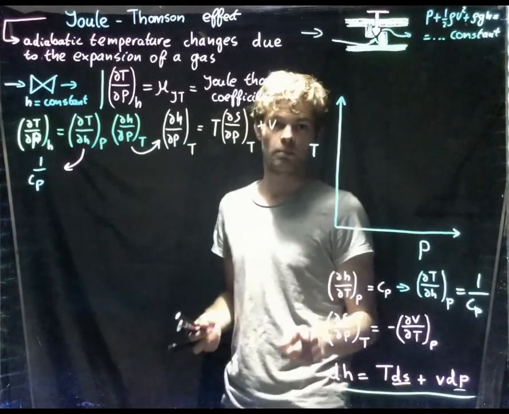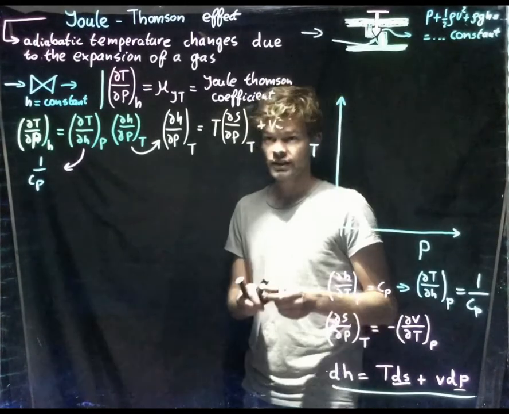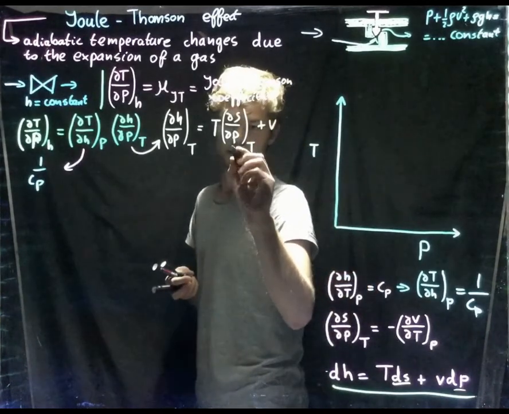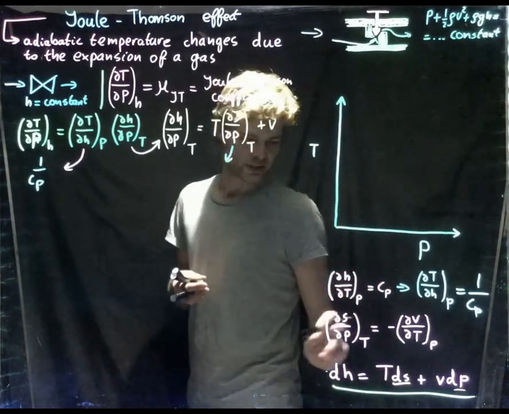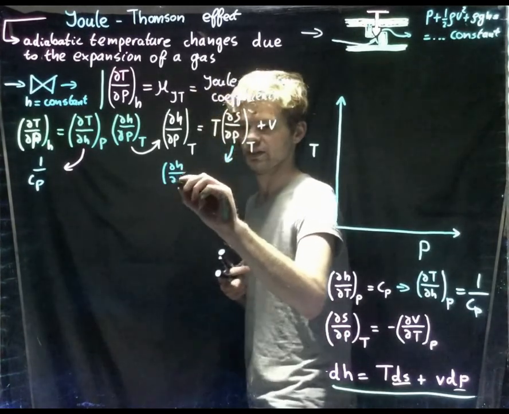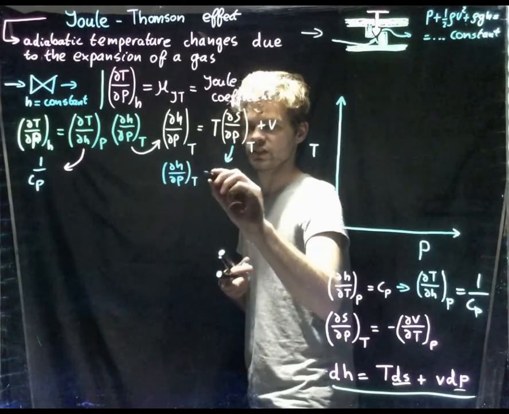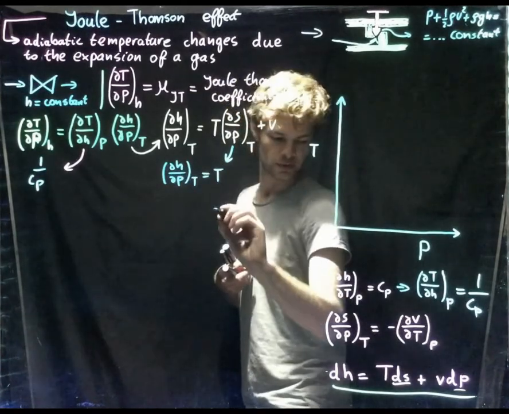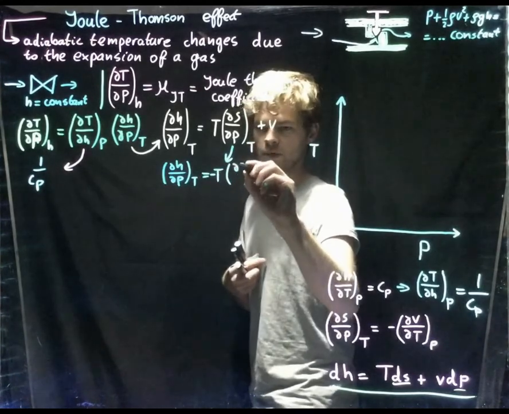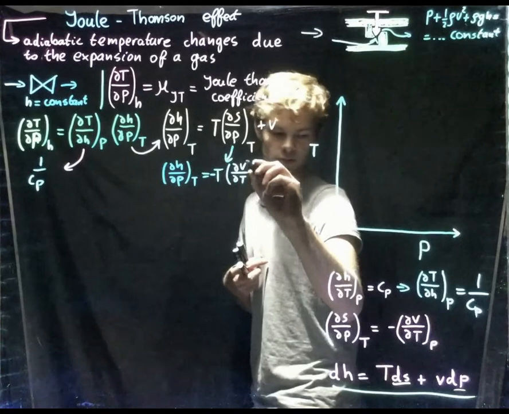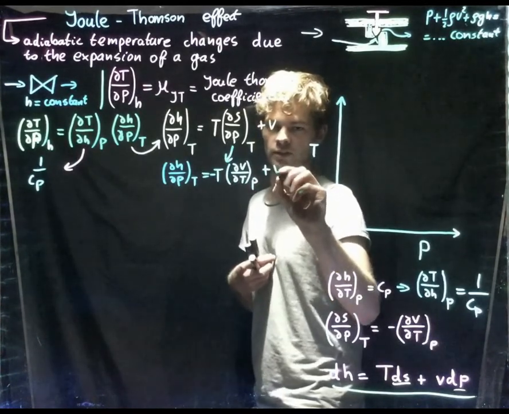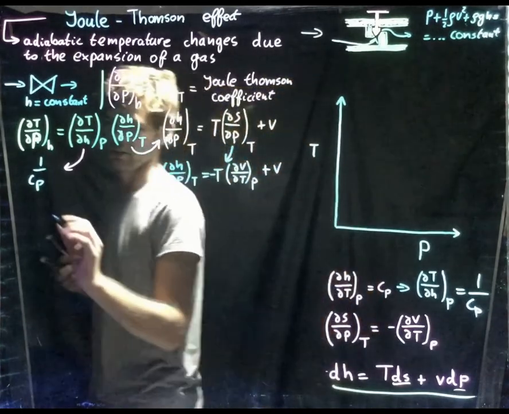It's the Maxwell relation. And I can rewrite this by applying this equation. So dh dp for fixed T is equal to the temperature multiplied by a minus sign, the partial derivative of volume with respect to temperature for a fixed pressure, plus the volume.